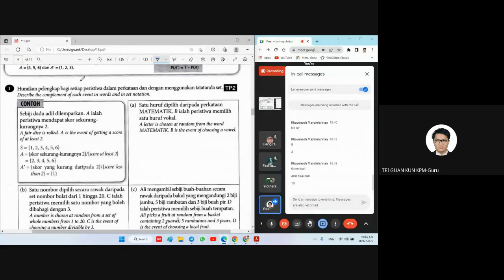Describe the complement of each event in words and in set notation. Okay, so for example, a letter is chosen at random from the word mathematics. B is the event of choosing a vowel. So, dia nak apa? Complement in words and in set notation.